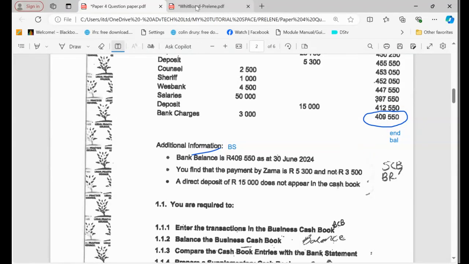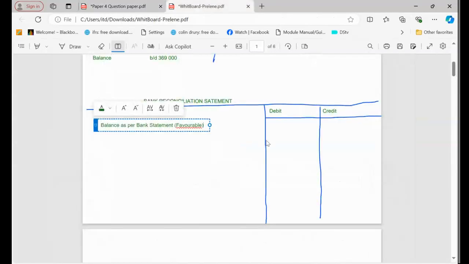Okay, 409,550. Is favorable under which side? Credit. Great. Perfect. So next time if it is unfavorable, it will be on the debit side. Like you said, it's the opposite of the cash book. Yes, I understand that.